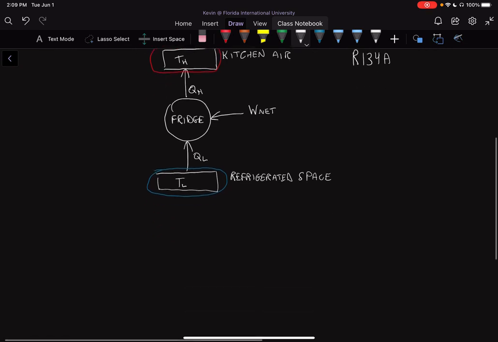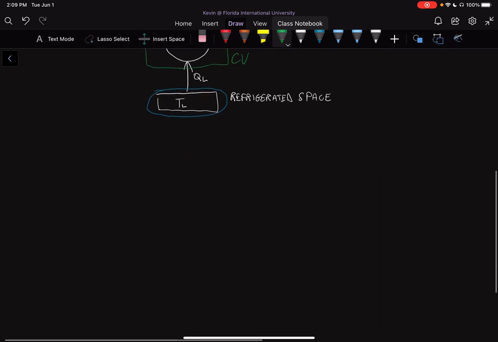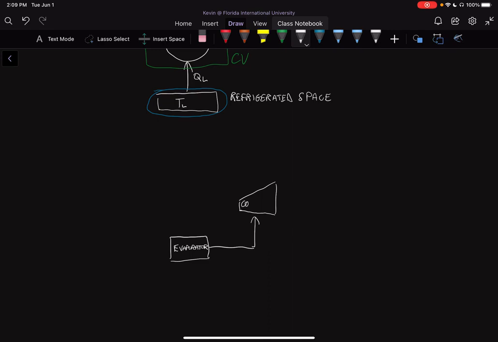Now, if we zoom into this system here and look at a control volume of this system, we essentially have the opposite of what a heat engine would look like. We have an evaporator at the bottom, and this evaporator sends R134A into a compressor.